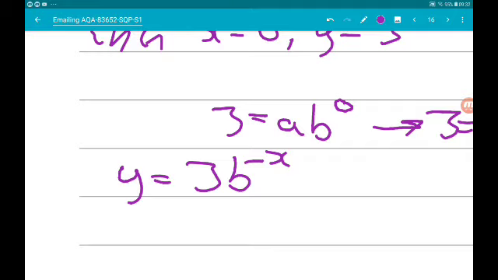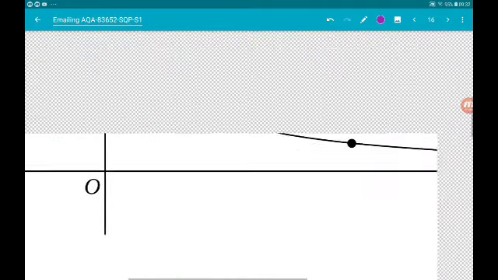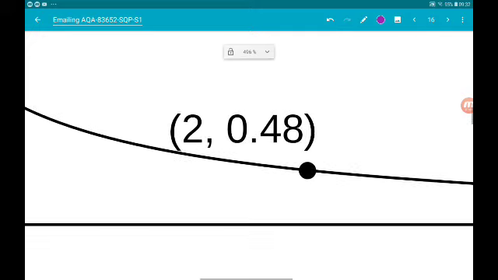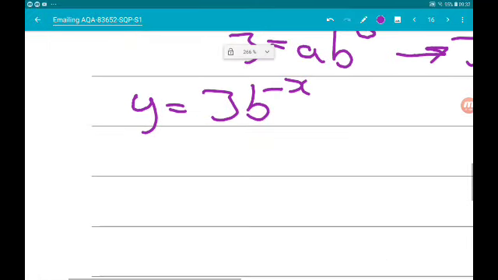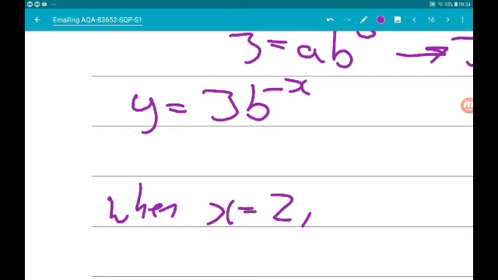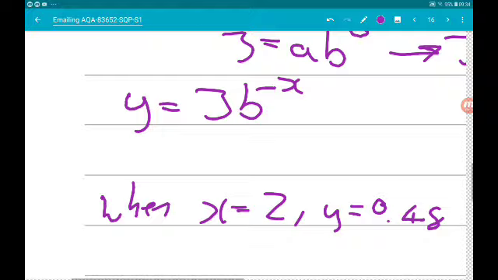Now if we go to the other point, we know when x is 2, y is 0.48. So, when x is 2, y is 0.48.